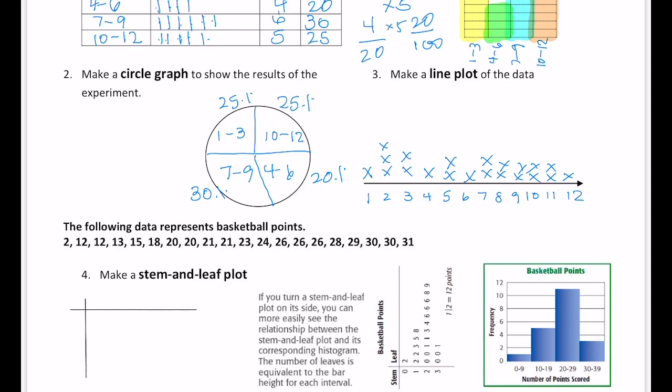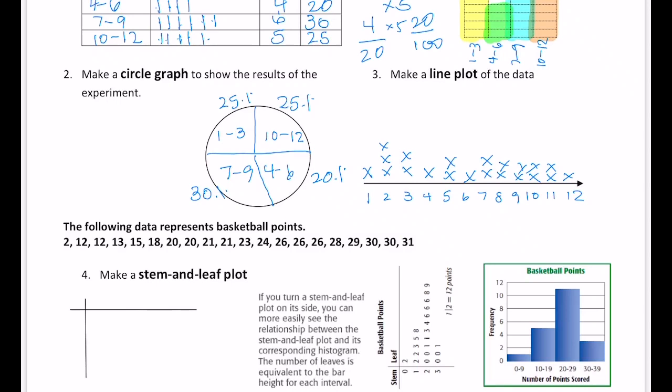Circle graphs are always good to see where it falls as a whole. Let's say we had test scores, and you're comparing the individual scores, but you're also looking at the whole class's average, so it shows you where the class falls. All right, stem and leaf.